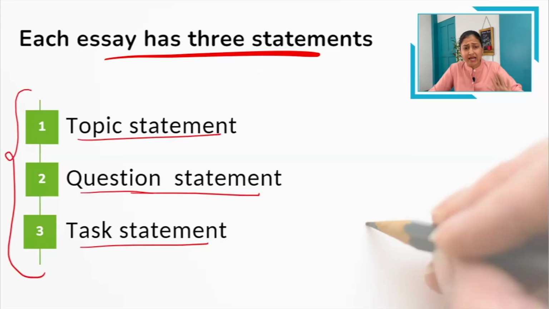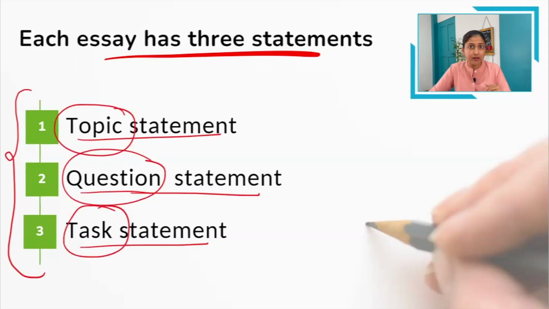Now, these terms, topic statement, question statement, task statement, let's try to use these terms for our better understanding. I'm not talking about a sentence, but a topic statement, a question statement and a task statement. This is just for our understanding, cool.